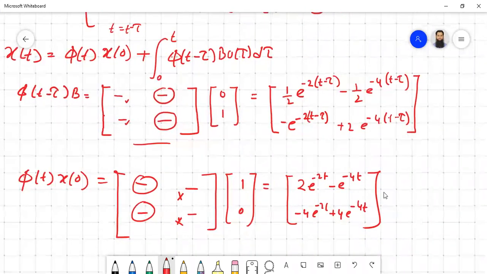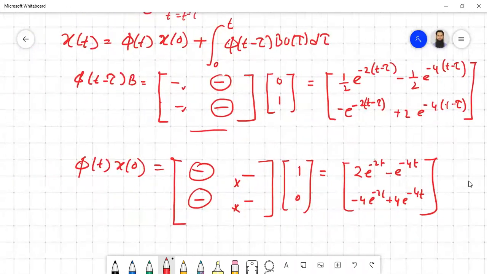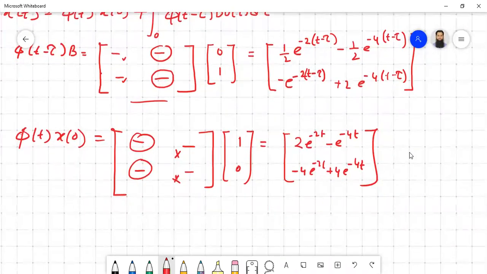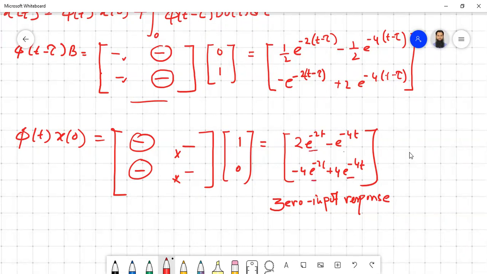Okay, so this is the zero input response. Whether you have noticed or not, the zero input response has both the natural responses.